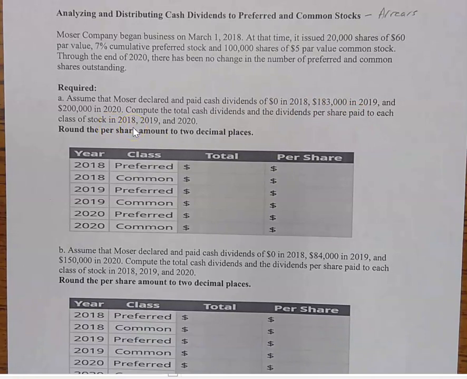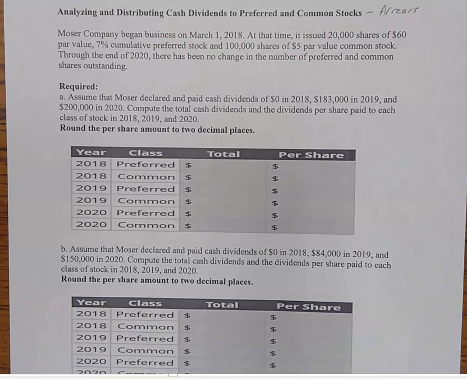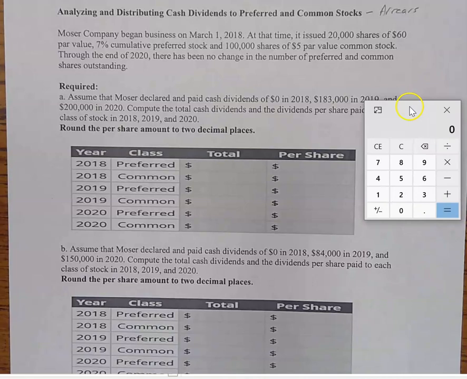Okay, so the first thing we have to do to figure this out: 2018 is pretty easy because they didn't pay any dividends. But what we want to consider is how much they are on the hook for with these cumulative preferred stockholders on an annual basis. And to do that, we're going to need our calculator.